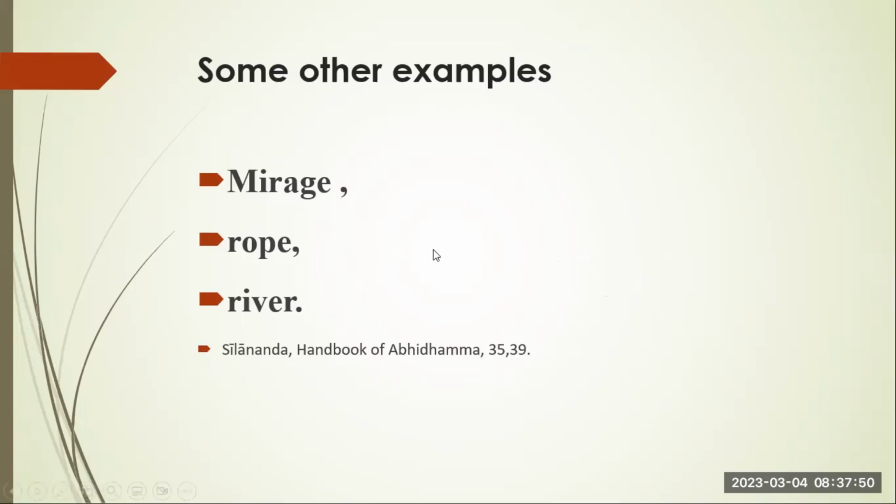When you see a mirage in the desert or far on the way, it's not the real truth. Sometimes animals think that there is water, but when they arrive there, they cannot find it.